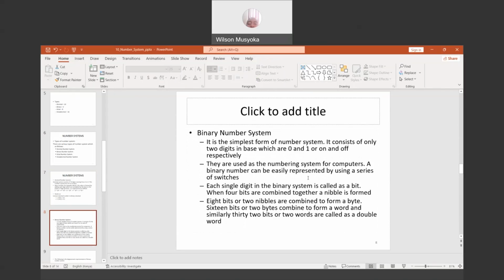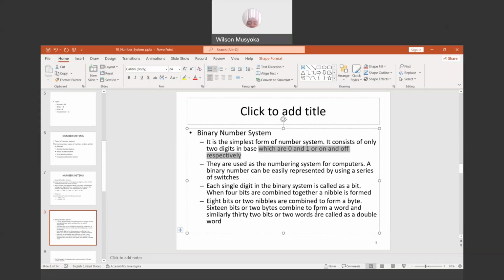And when we are talking about the binary number system, we say it has only two digits, which are 0 and 1, or off and on, respectively. This is very important. And that is why in the computer system, we normally use the binary numbering system, because it is very easy to represent using a series of switches, whereby computers normally depend on electricity for them to perform.